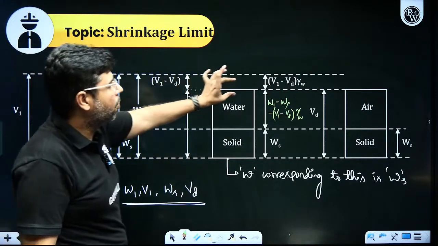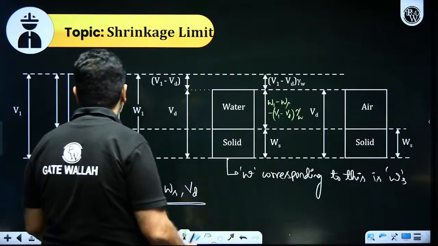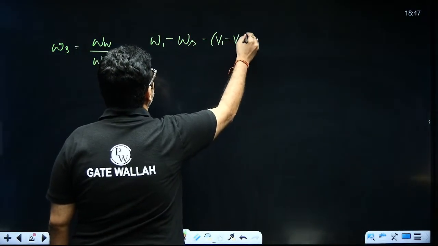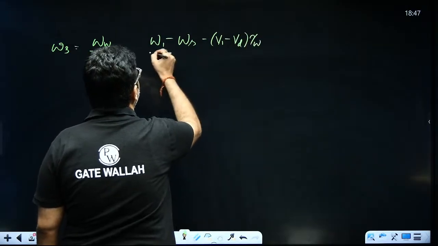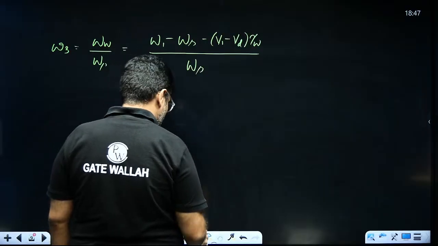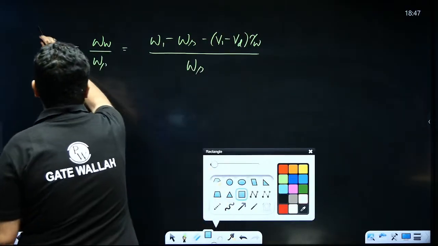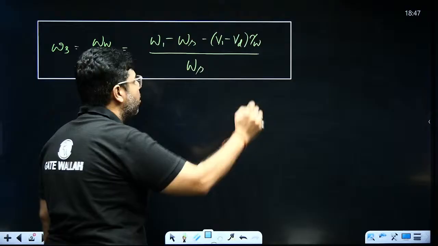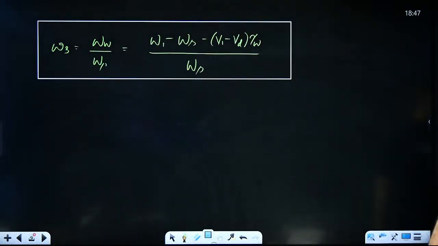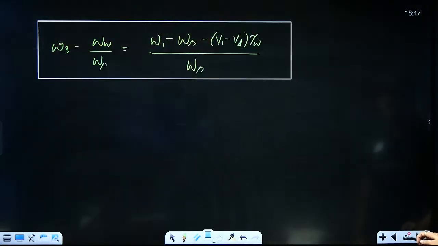From this weight of water, subtract this weight of water, that is minus (V1 minus Vd) gamma W, upon Ws. This is how I can calculate shrinkage limit moisture content. Okay, this is my shrinkage limit moisture content.